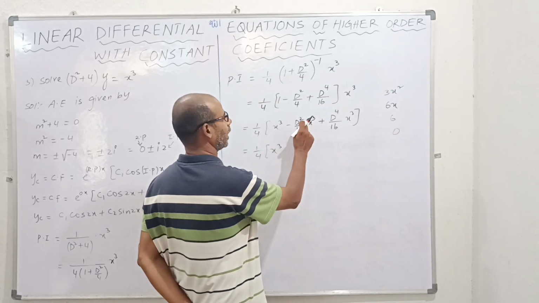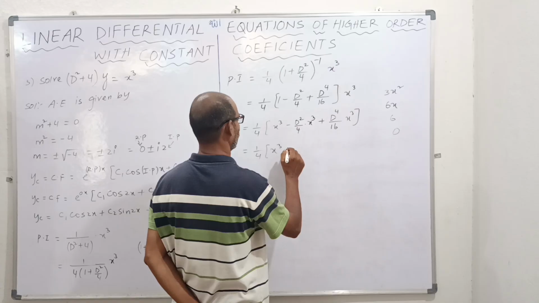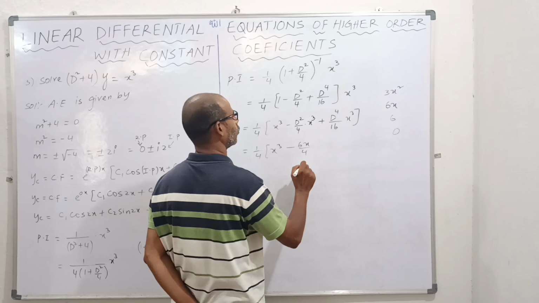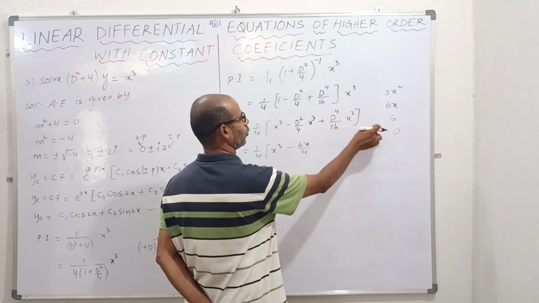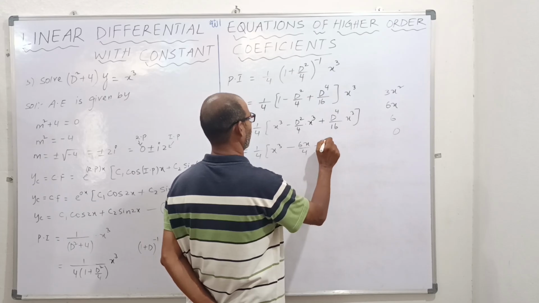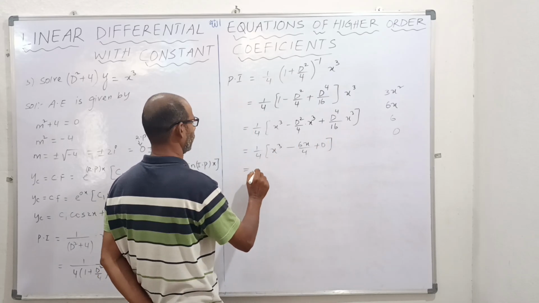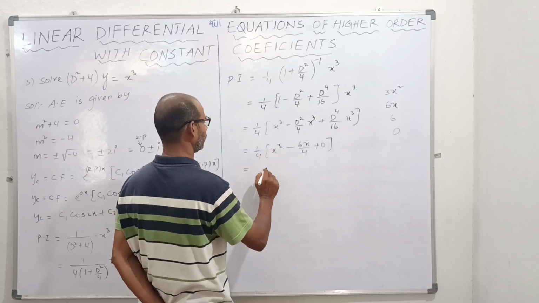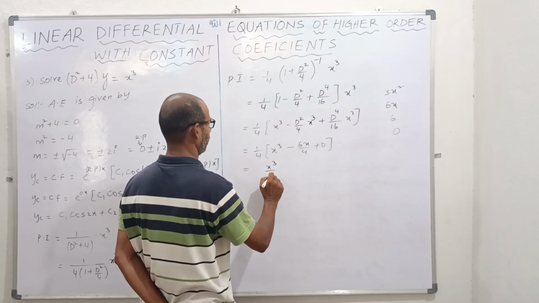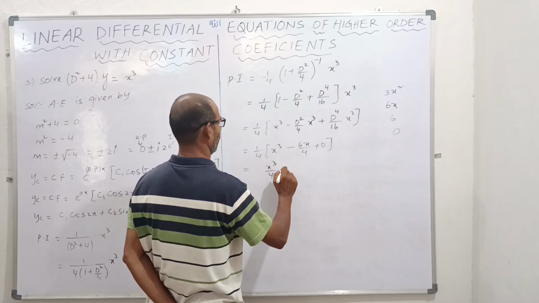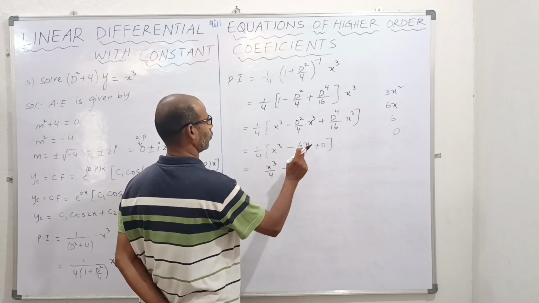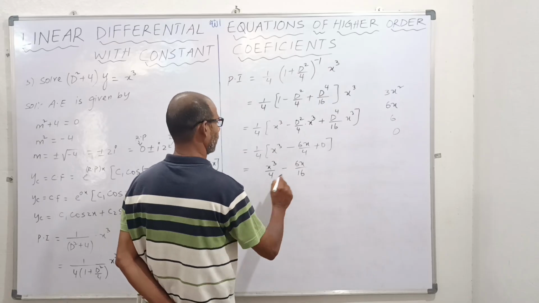So we have d square, and the second derivative of x cube is 6x. So minus 6x upon 4 into 4, which is 16. The fourth derivative of x cube becomes equal to 0. So taking it inside, this is equal to x cube by 4 minus 6x by 16. We can cancel and simplify.